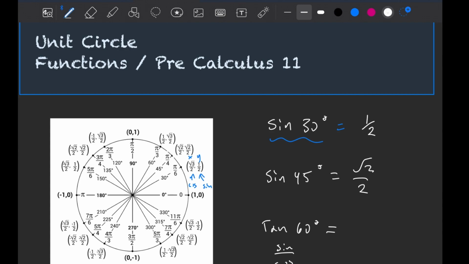So for the 60-degree triangle, it will be root 3 over 2 over the cosine value, which is 1/2. So we'll just do divided by 1 over 2, which is the same thing as multiplying by 2 over 1. So it's just going to cancel, and you'll be left with root 3.